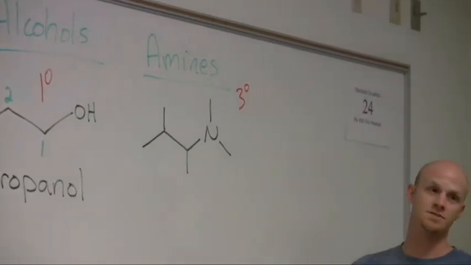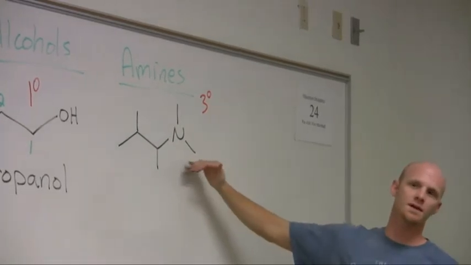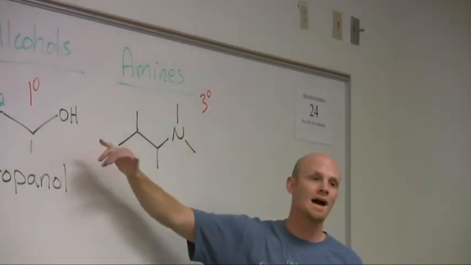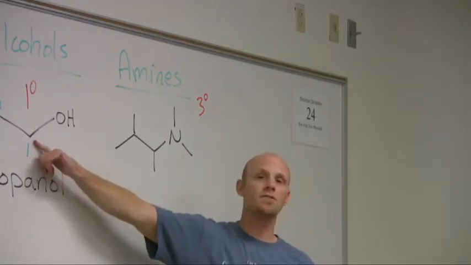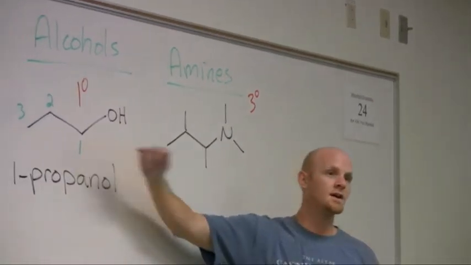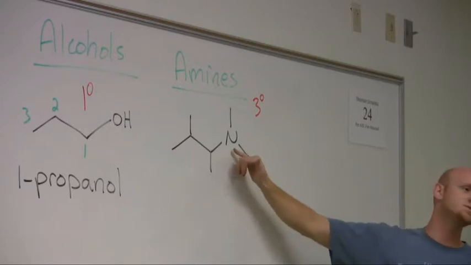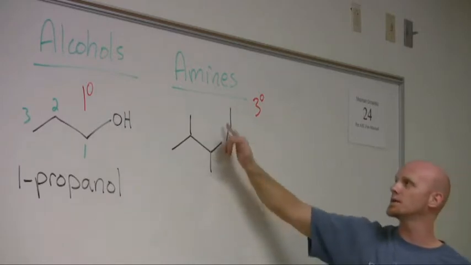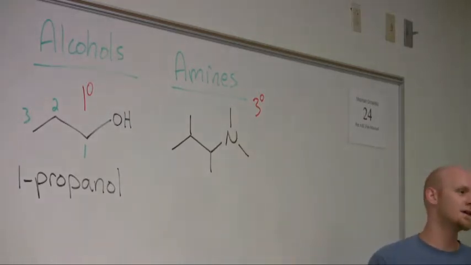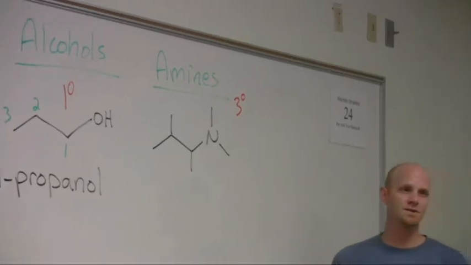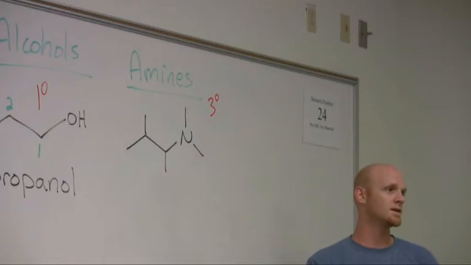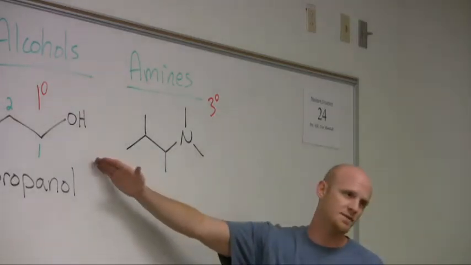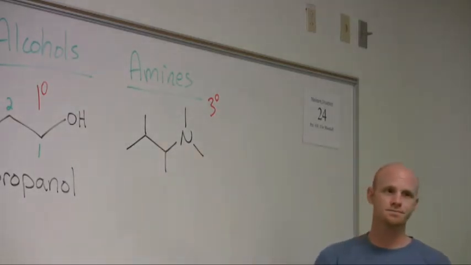To the nitrogen. So notice the difference in how we rank amines as compared to alcohols. Alcohols' designation as primary, secondary, tertiary is based on the carbon bonded to the oxygen, but for amines, it's based on the nitrogen itself. And this nitrogen is bonded to 1, 2, 3 carbons. That's what makes it a tertiary amine. So note the difference. You may get a simple question, especially on the DAT, that just wants you to know the difference in how we designate alcohols versus amines.